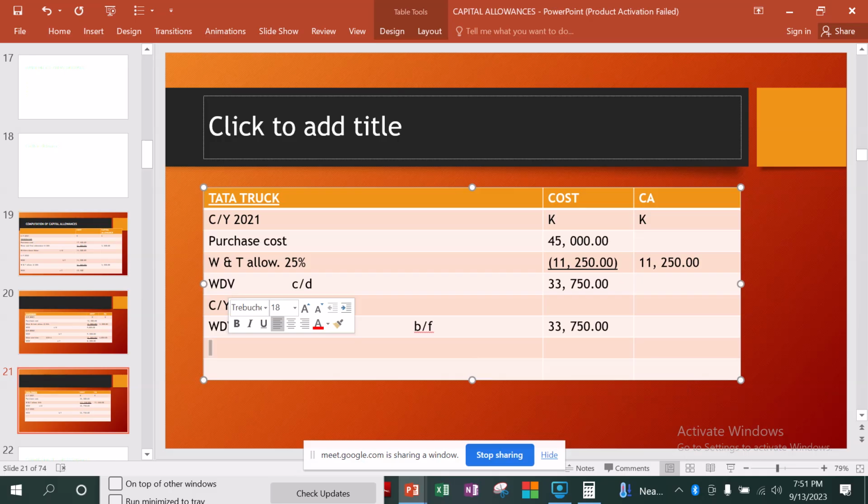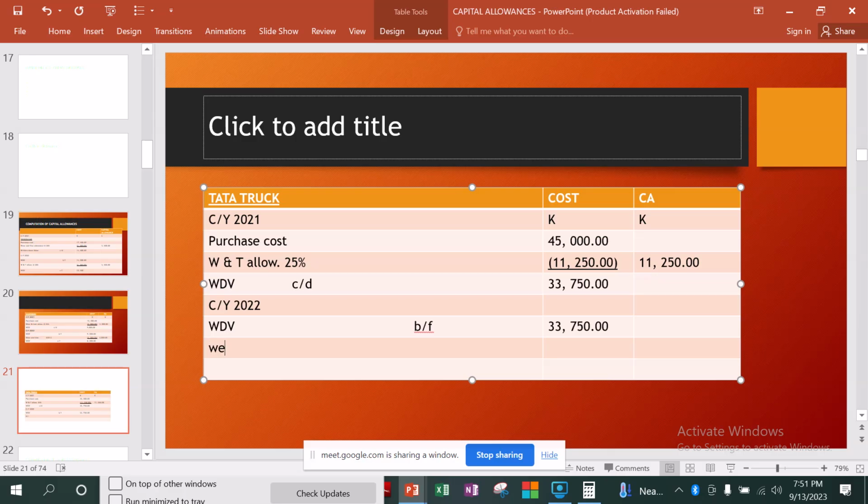So we charge it with, again, capital allowance. It's claimable. Wear and tear allowance at 25%, it's a commercial vehicle, of the original cost, means that we are going to charge 11,250.